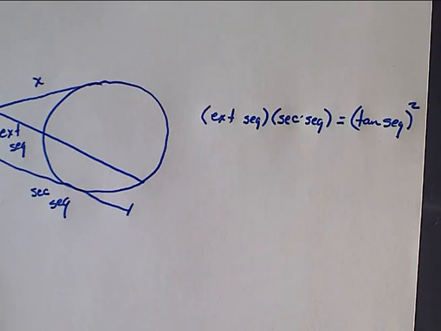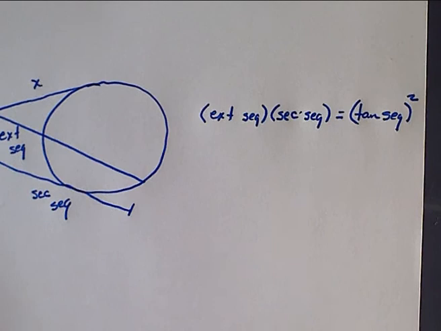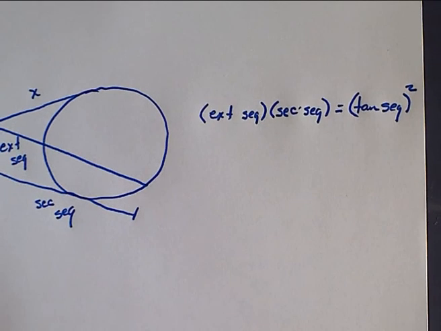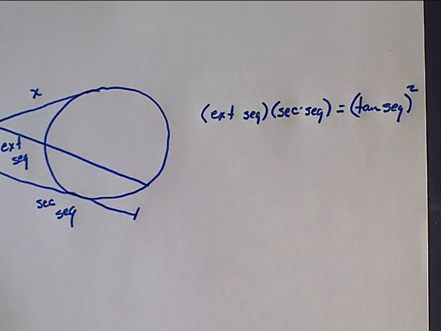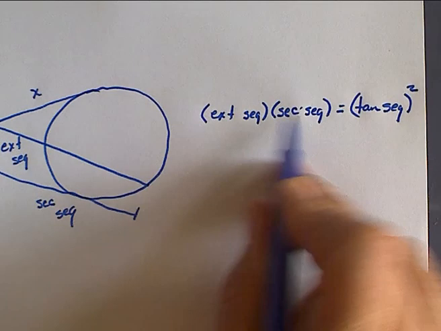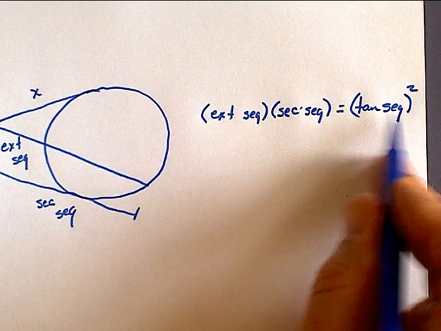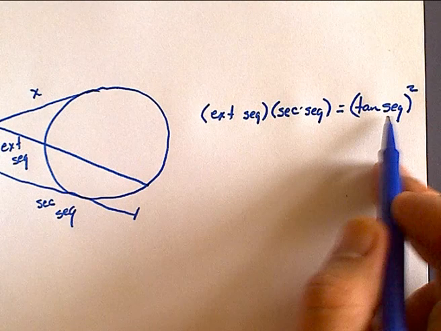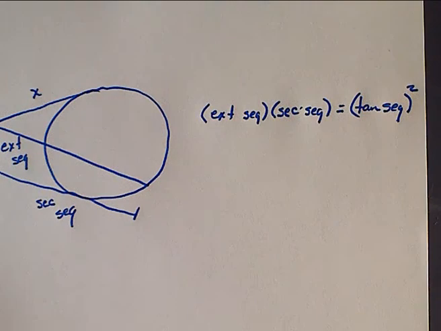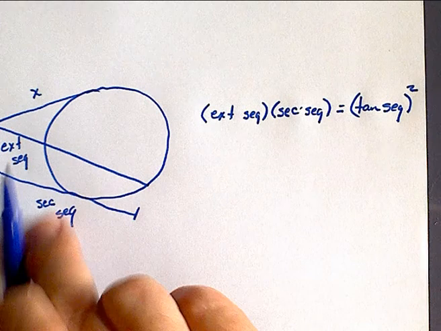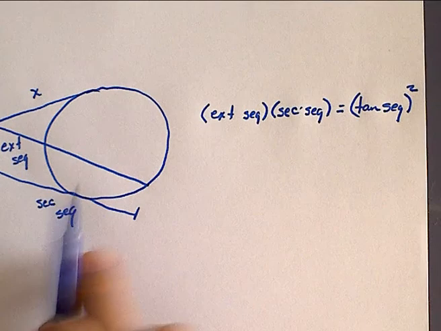Okay, that's how you get your second value for these, is you take that one piece and you square it. So you got two things over here, you got two things over here. It's just this one thing squared that gives you the second value. Okay, so the tangent segment squared equals the outside piece times the whole thing.